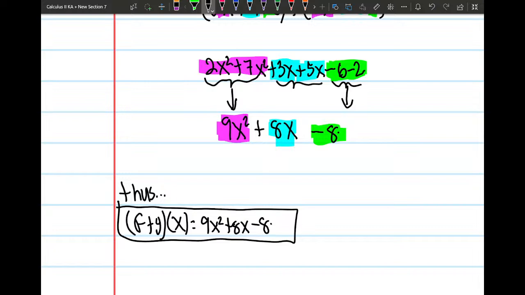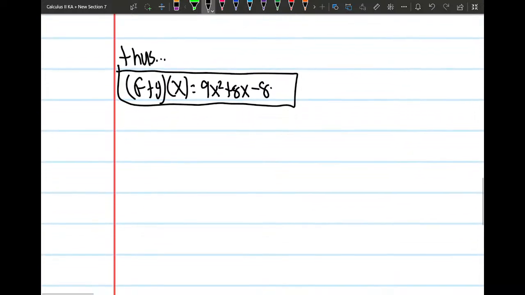Now, there is one thing I want to mention, guys, and that is the idea about commutative properties. So basically, there's a certain rule, and I'm going to go ahead and type it here.